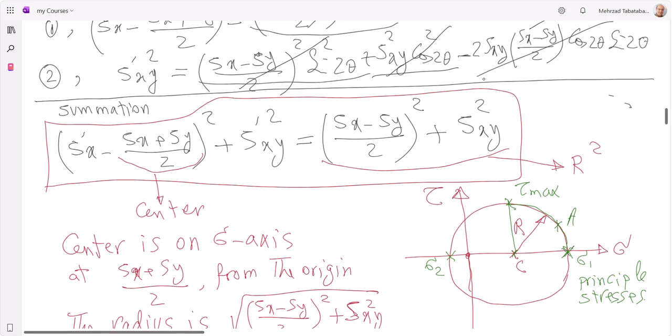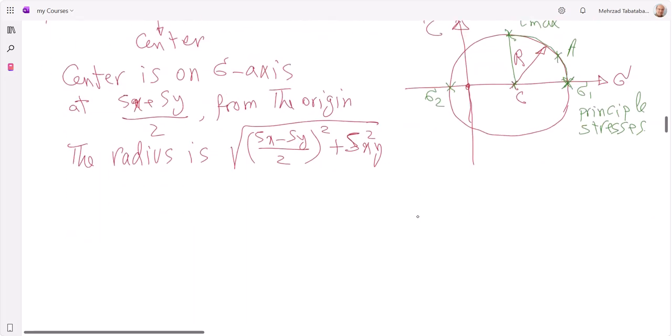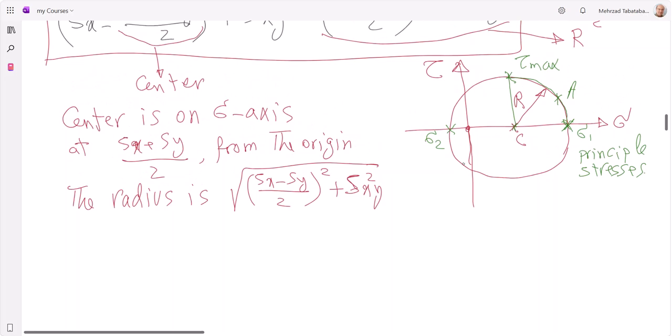So immediately we can identify these 3 important points, and then have a good visualization of the principal stresses and principal direction. Direction is the amount that you have to rotate. Of course, if you measure it from the center, it's 2 theta, but the actual theta in the physical world. I will do an example and explain these details.